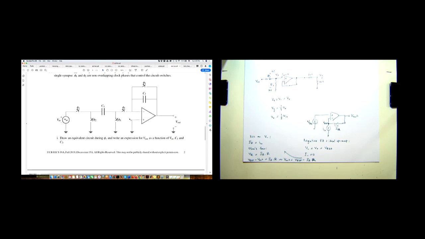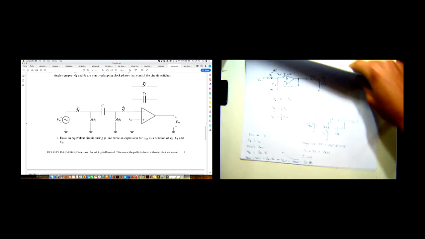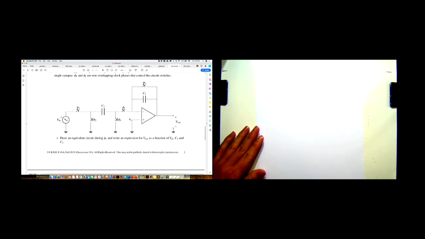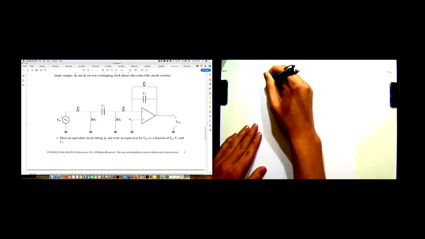We're given this circuit, and part 1 is to draw an equivalent circuit in phase 1. If we examine the circuit, we pretend that all the phase 1 switches are closed and the phase 2 switches are open.